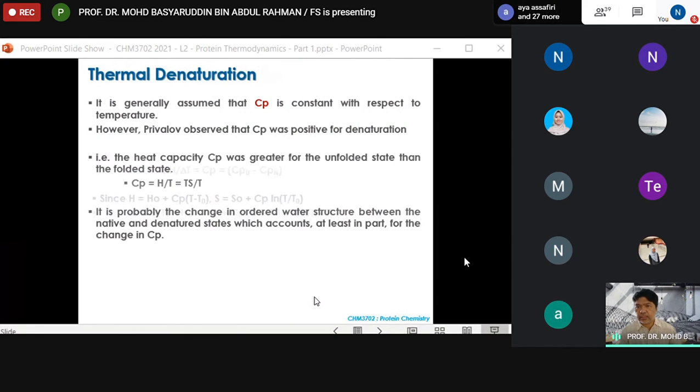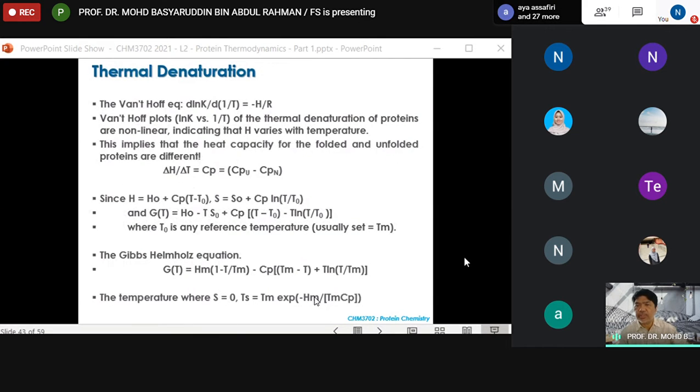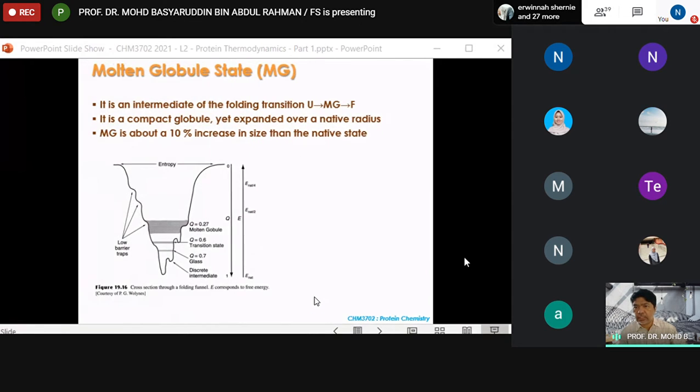Same as the thermal denaturation, because it's very much related to the discussion on the DSC. So I'm going to skip that. You can always read it, but we are not going to focus on that because I want to focus more on the theoretical part to make sure that you understand.